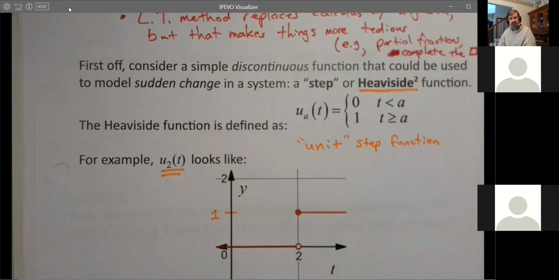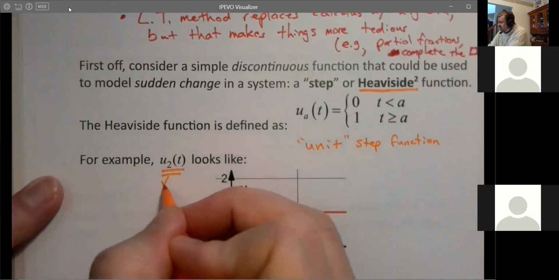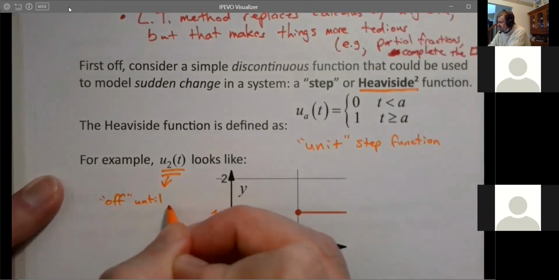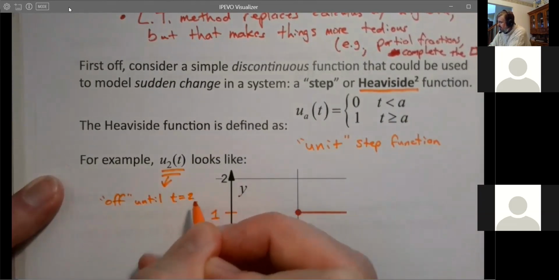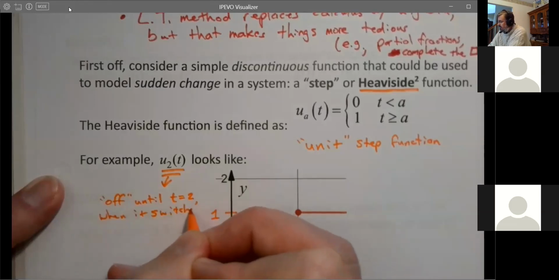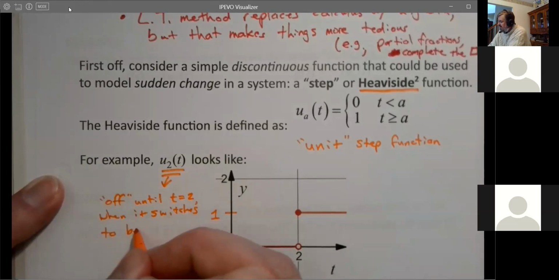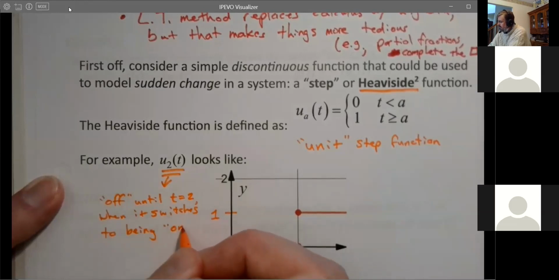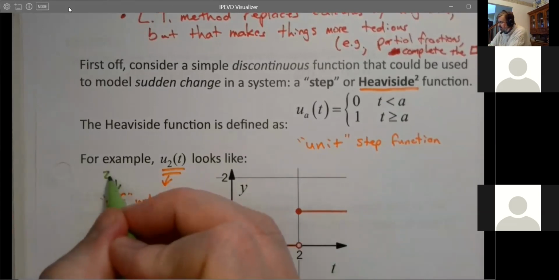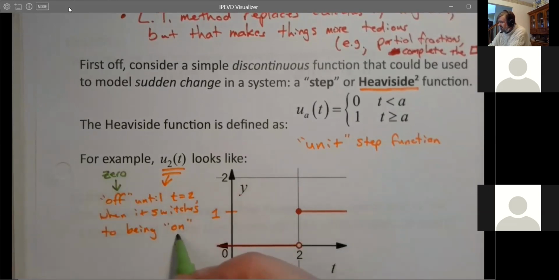And what this thing does is it's off until t equals 2, when it switches to being on. And of course, off in this case implies 0. It has a value of 0 when it's off, and it has a value of 1 when it's on. And that's all that the step function does.